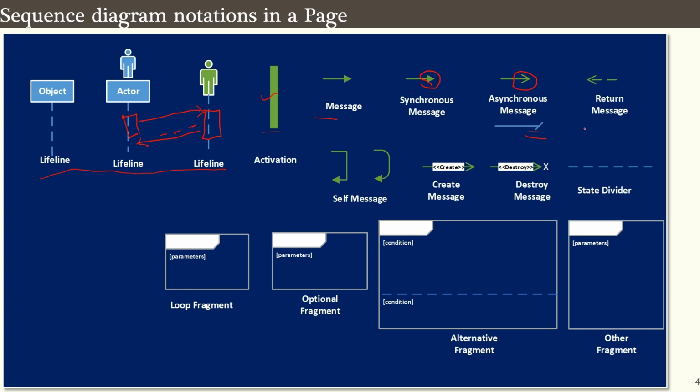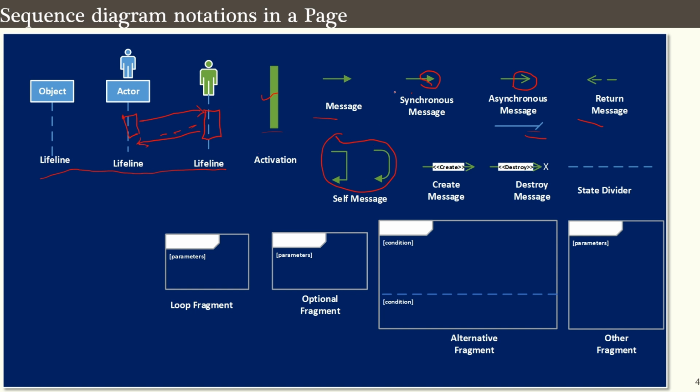That's called a return message. And in an activation, you can have an arrow pointing to itself, similar to whatever you are seeing here. It can be rectangular or curved one. That's called a self message.